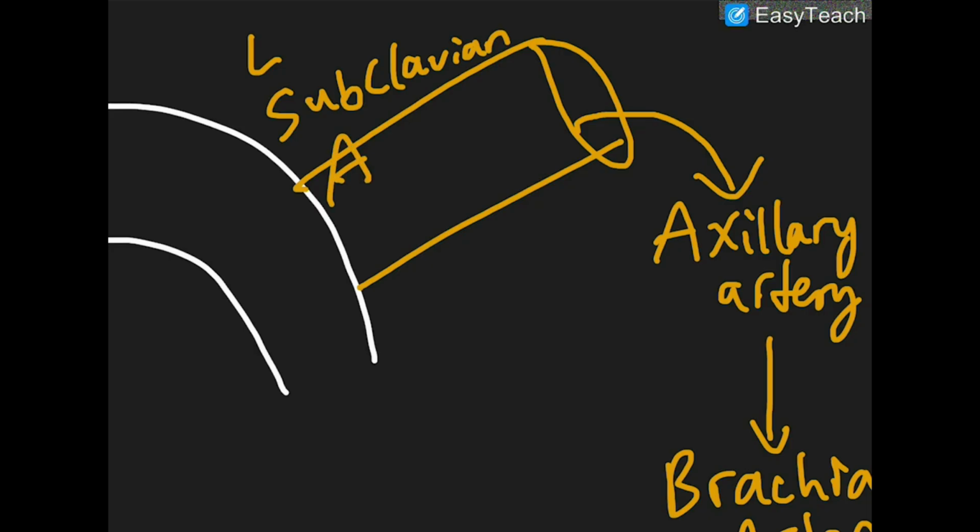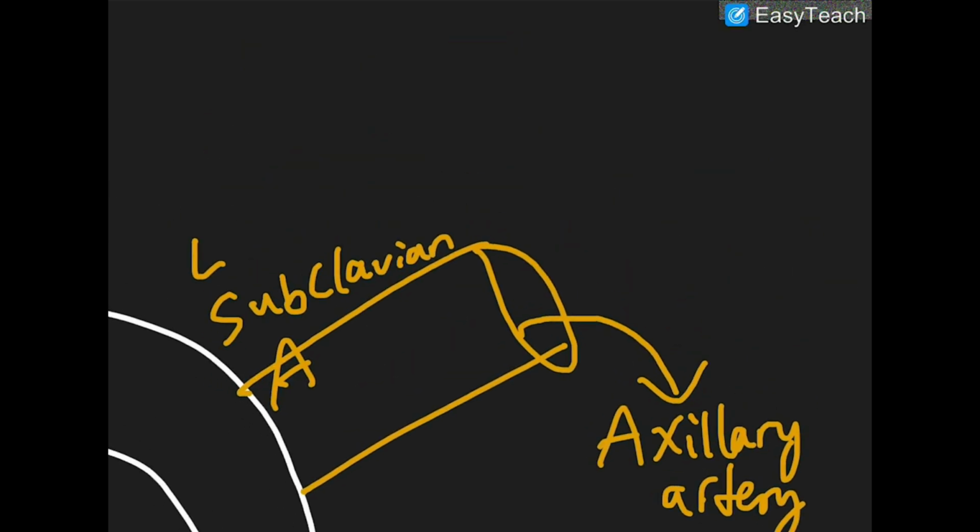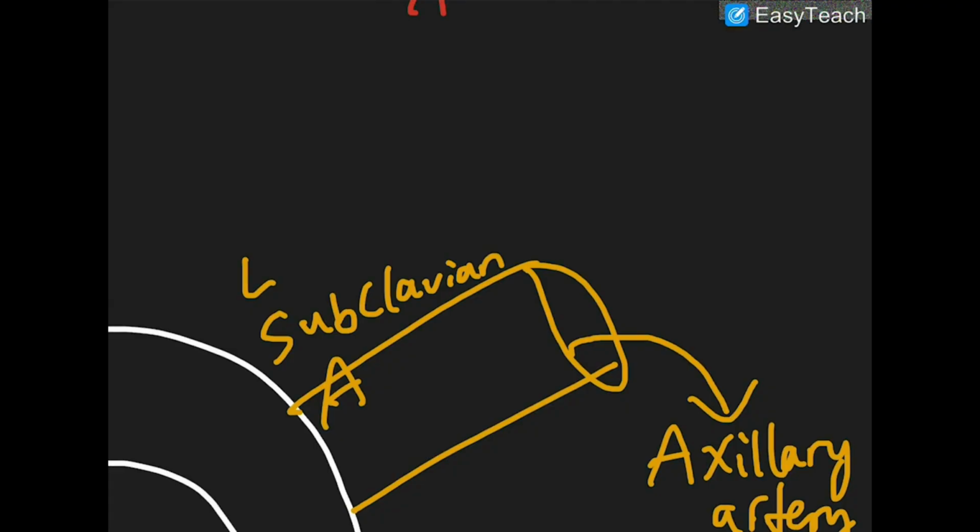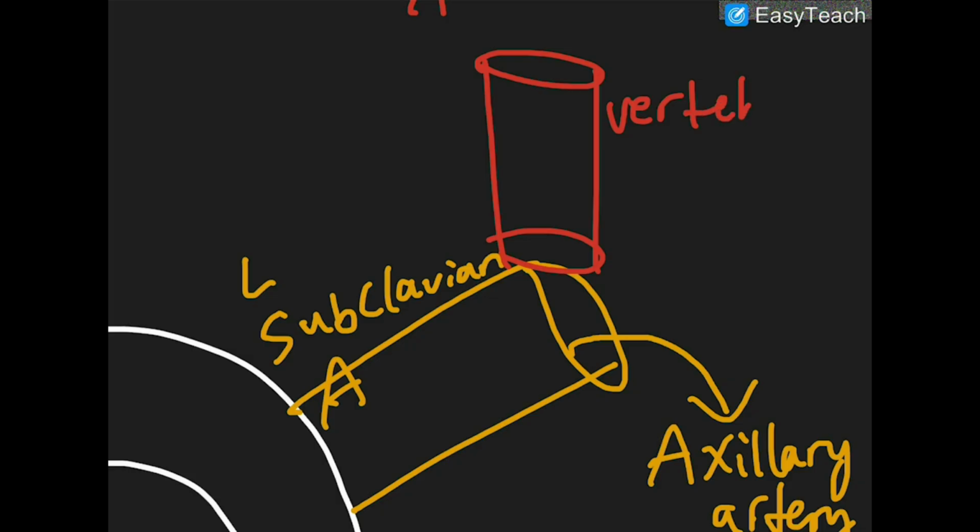But what's another artery that branches off your subclavian artery? It's your vertebral artery. So let's draw a branch right over here, and say that this is your vertebral artery.